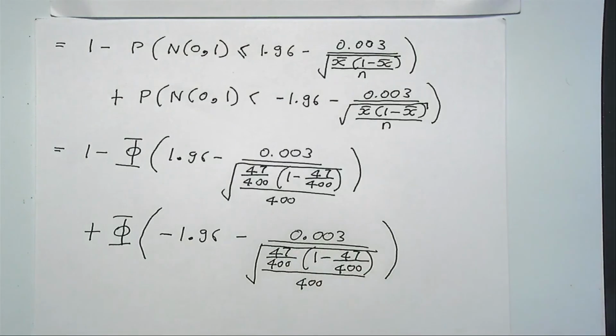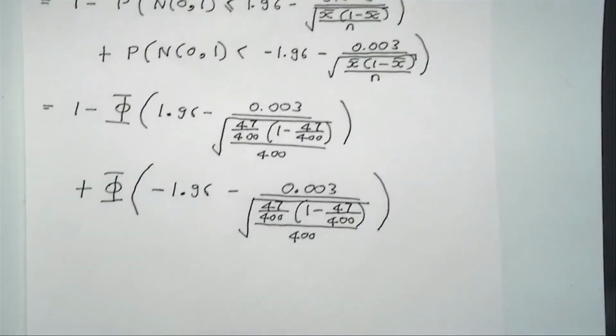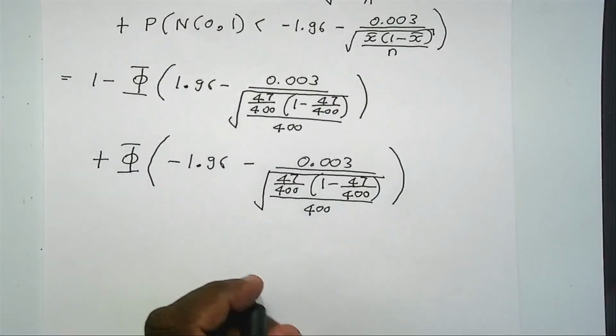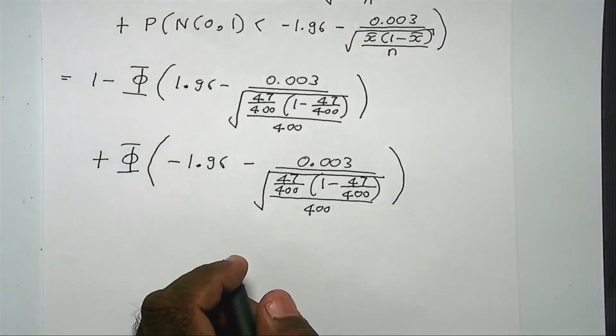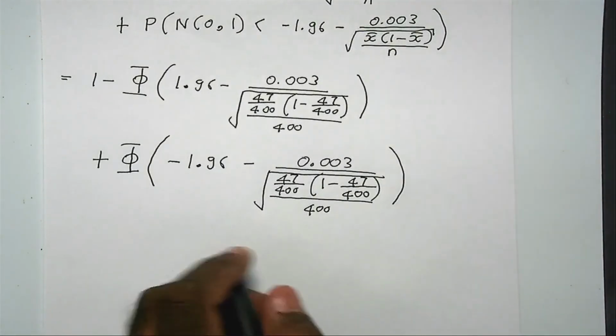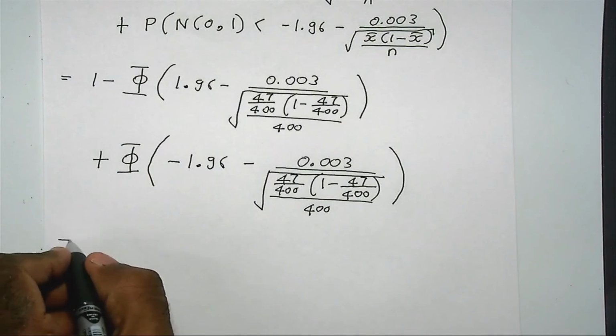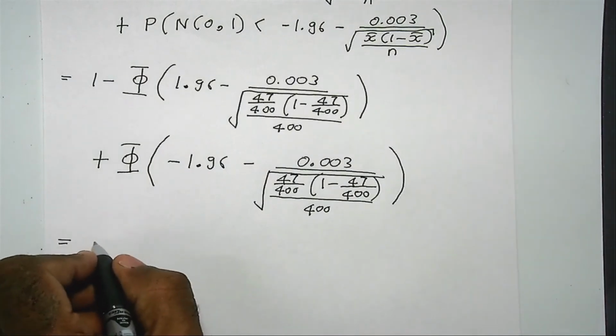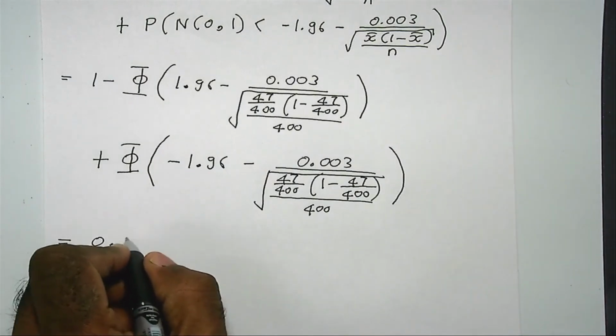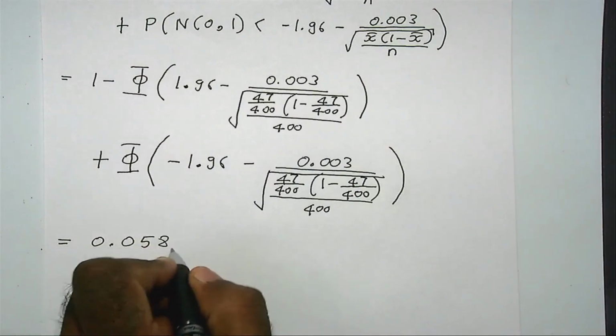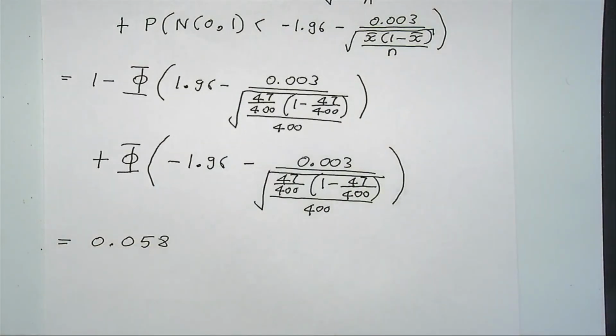Okay. Now you should compute these two probabilities using the table or using the R software. Either way you will get an answer close to 0.058.